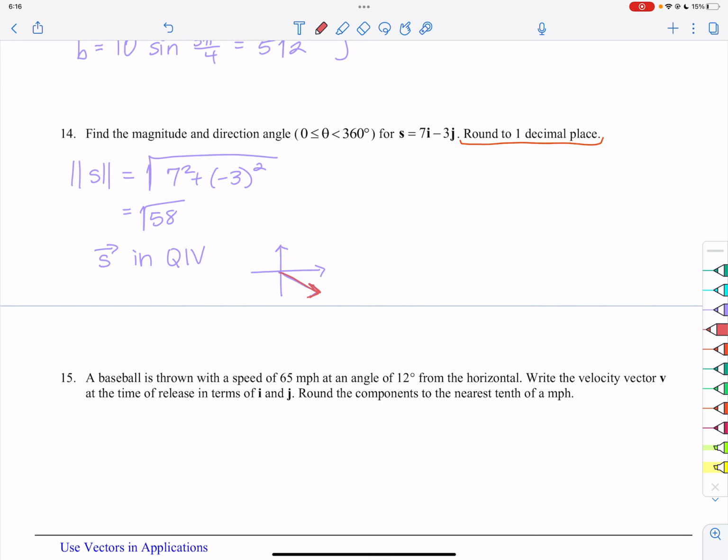So maybe I should draw a little bit larger axes. I think it might be nicer. And so we have a magnitude of root 58.